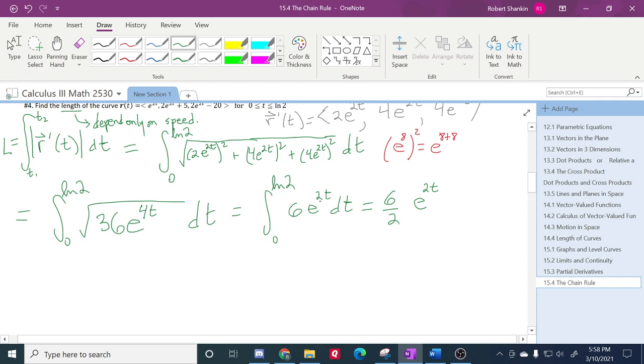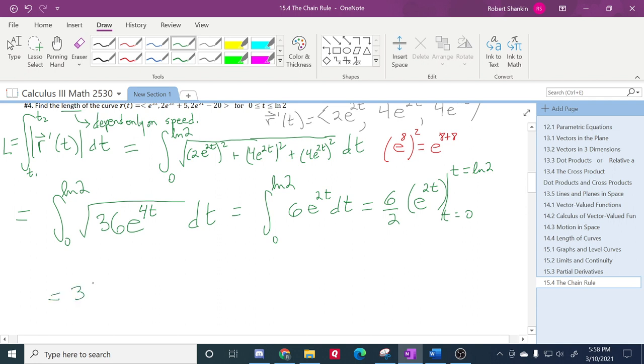be back to this. Now this is evaluated from t equals 0 to t equals ln 2. Now I could have put the 6 over 2 in parentheses, or I could have just factored them out. I like to factor them out.